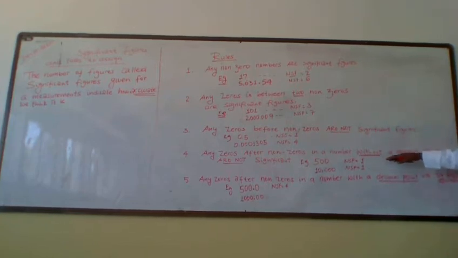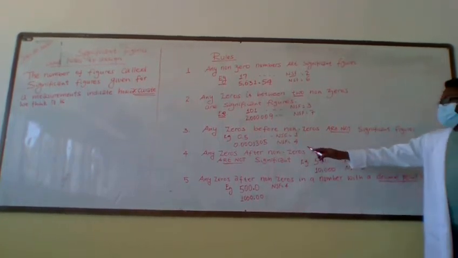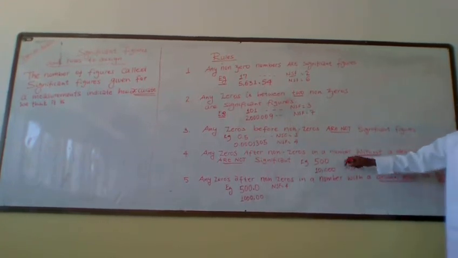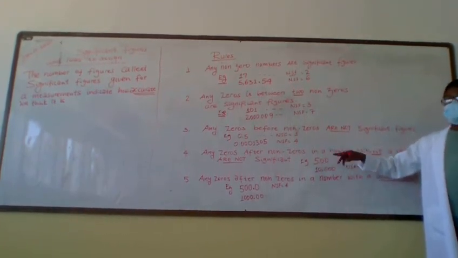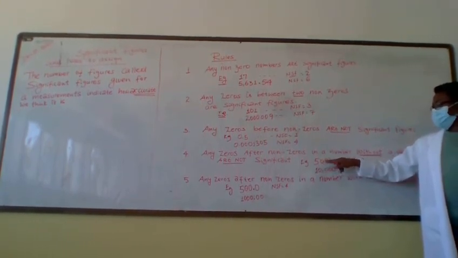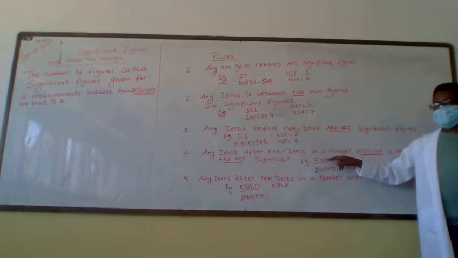Let's look at rule number 4 and number 5. They're so related, but they have a difference. If you understand rule number 4, then rule number 5 becomes easy. Rule number 4 says any zeros after a non-zero in a number without a decimal point. 500 is a number without a decimal point, right? It has no decimal, but it has 2 zeros after a non-zero number.